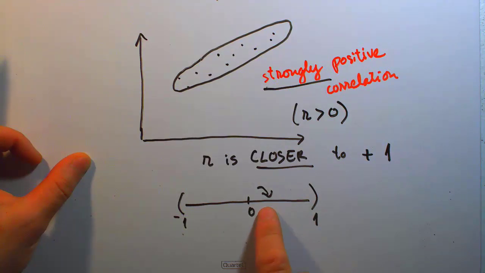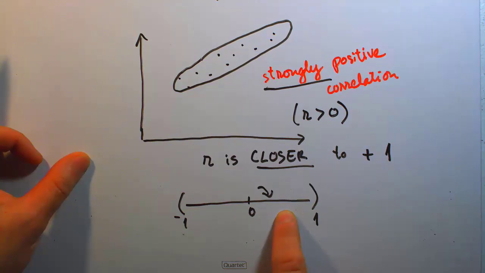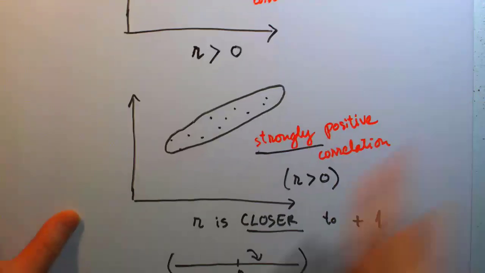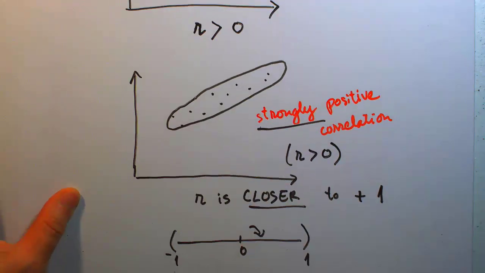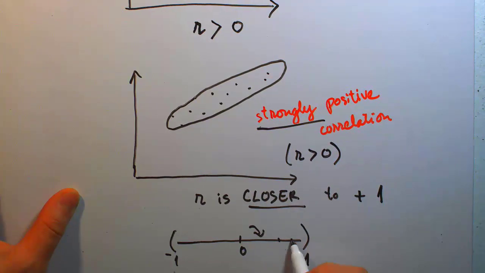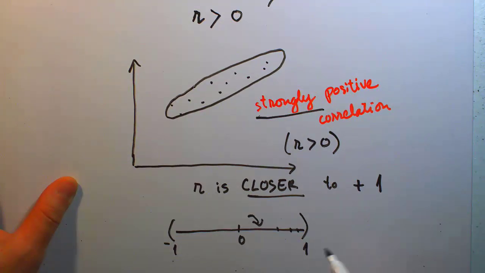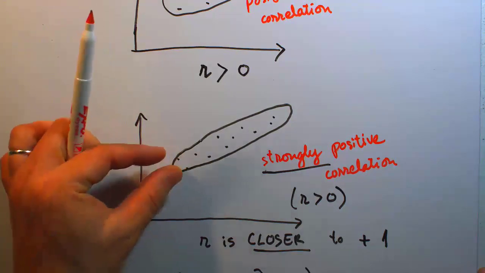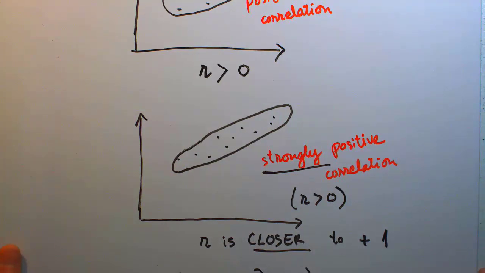So if R stays somewhere inside of that positive zone here of the values, then we're looking at either some positive correlation or even strongly positive correlation. But then, as R keeps getting closer and closer and closer to that extreme end being a positive 1 right here, then the bandwidth became thinner and thinner, more strongly and more strongly positive.